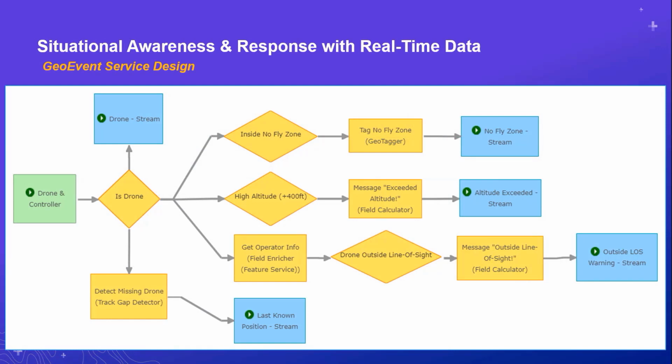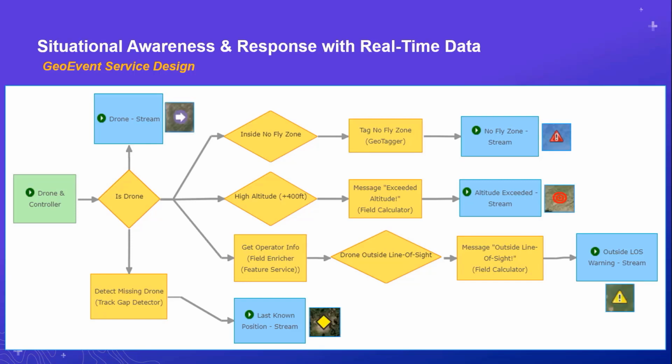So I've presented all these different demos as separate GeoEvent services, but we could hypothetically combine these all into one GeoEvent service as we've seen here. And even though there were different stream services used to visualize these various types of conditions on the ground, you could very well use something like an email or text output or some other type of output to send that string of text or delimited information to some other device, maybe the operator themselves or their device, to correct course with that drone.